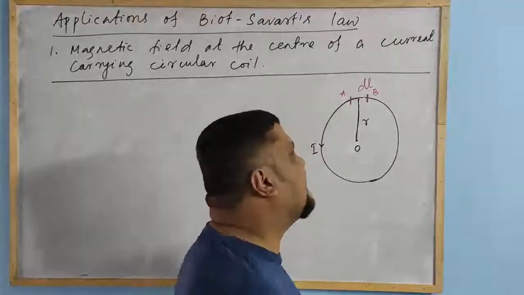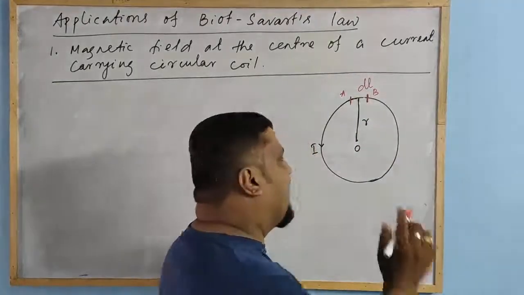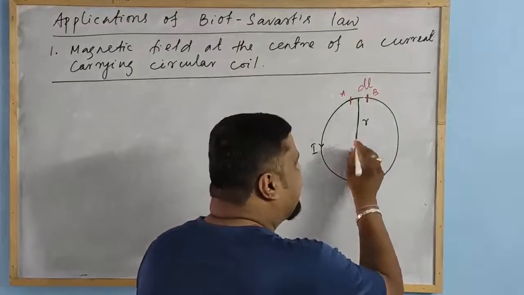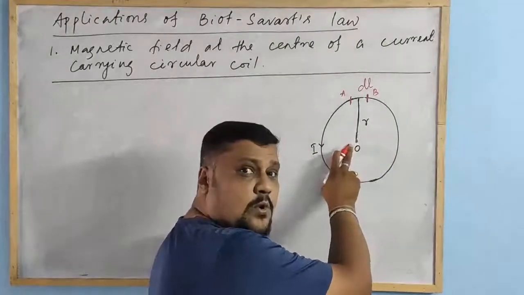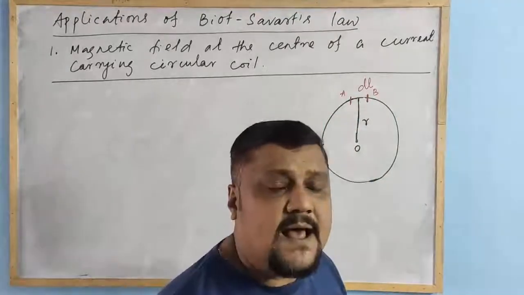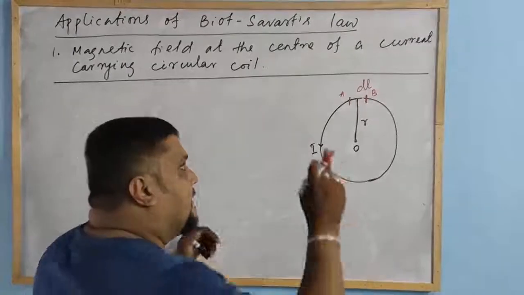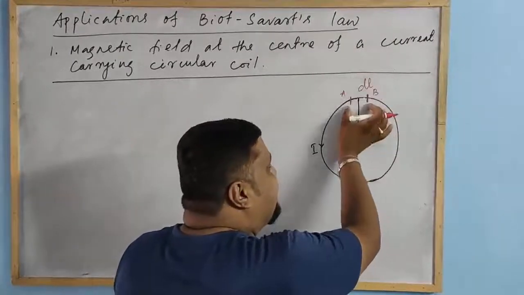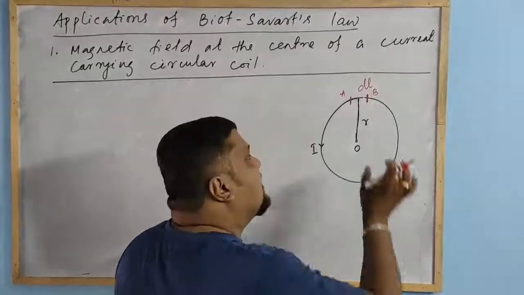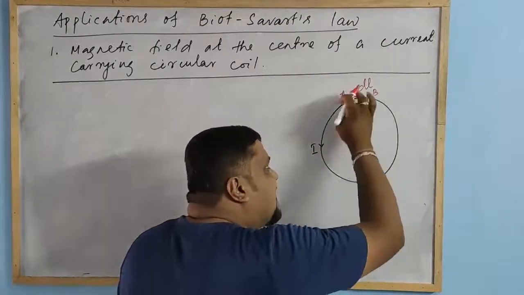Now my point is to find the magnetic field at O due to the current in the coil. How do we find this? Take a small element AB on the loop, and the loop consists of such small elements.